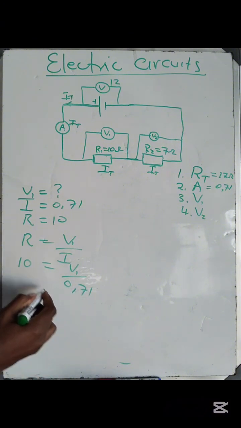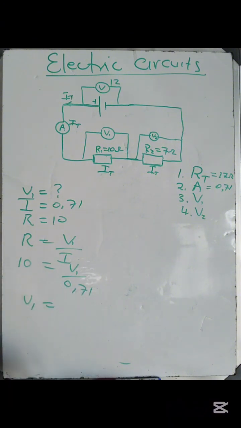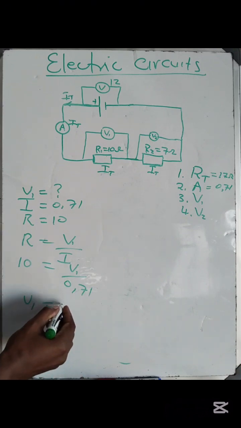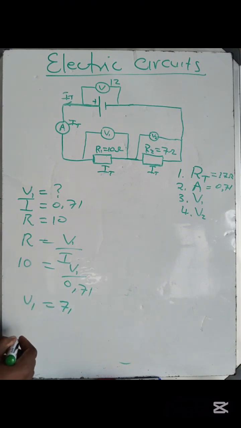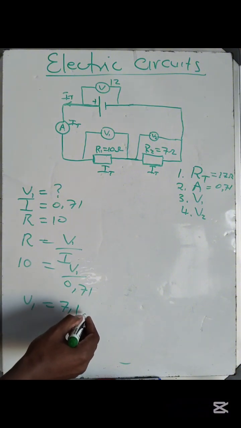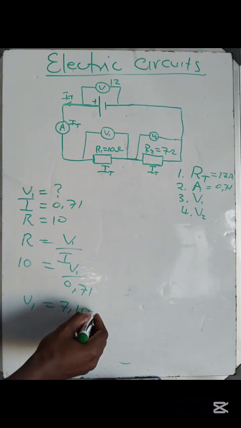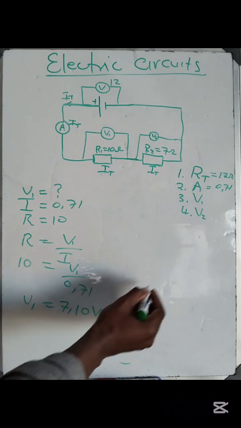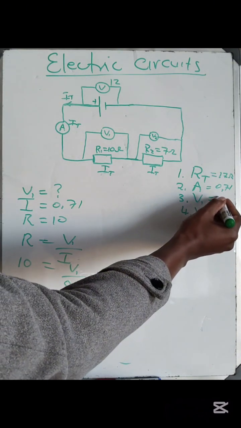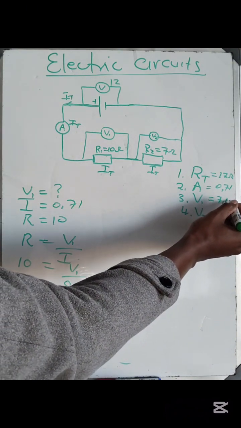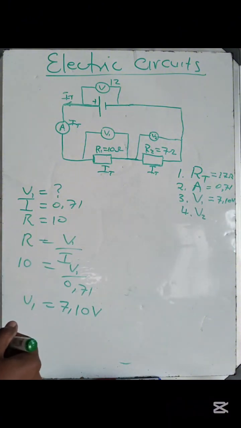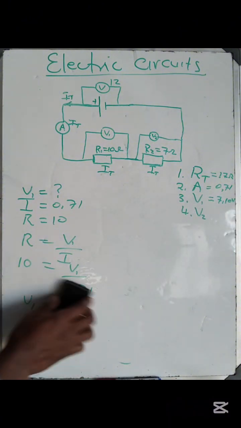We cross multiply, then we get the answer, which should be 7.10 volts. So the reading on V1 is 7.10 volts. Then we're done with that one.